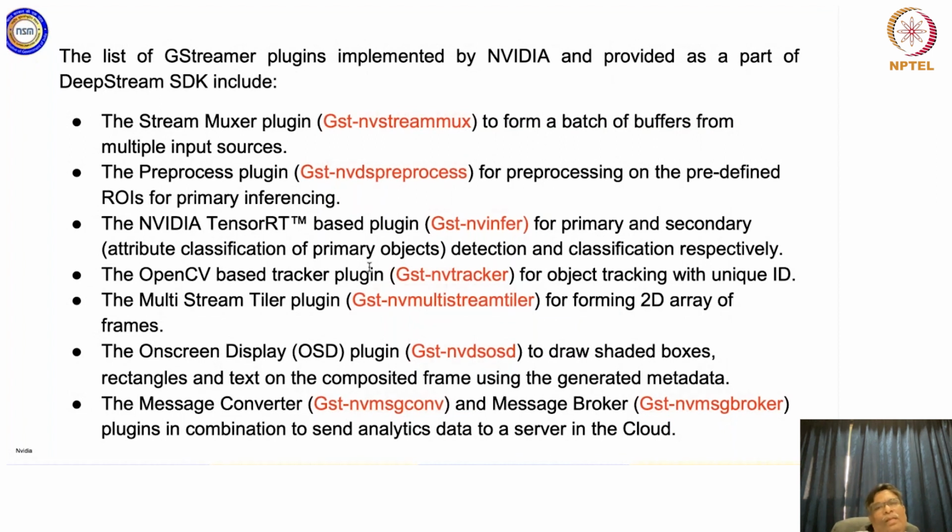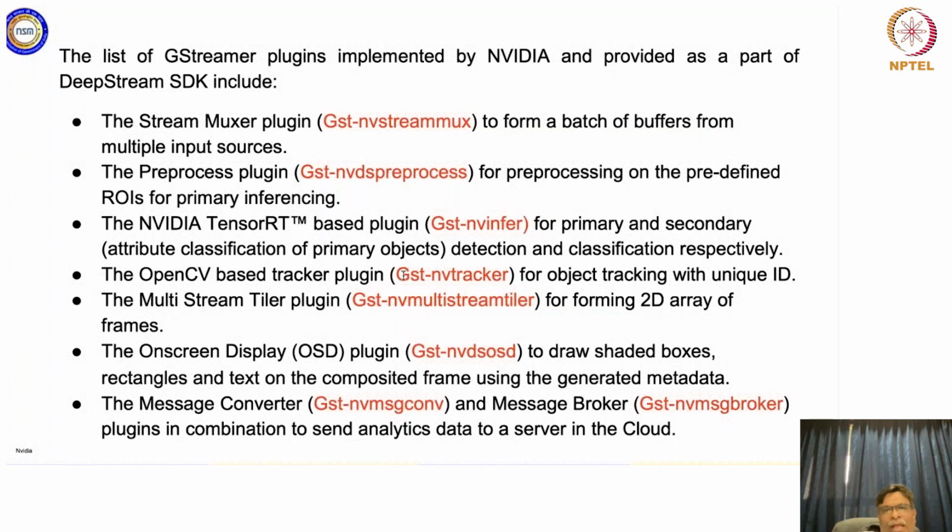Then there is something called GST NVInfer, which I told is related to TensorRT. So this is an NVIDIA TensorRT based plugin which will help you to do some primary detection and classification, right? So you can actually use this plugin for detecting and doing some classification.